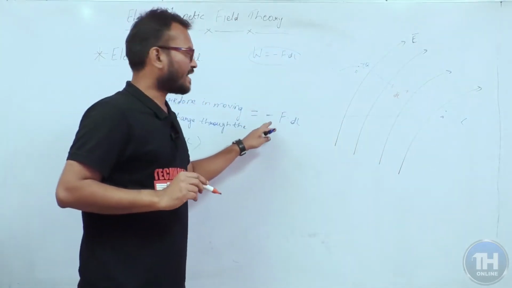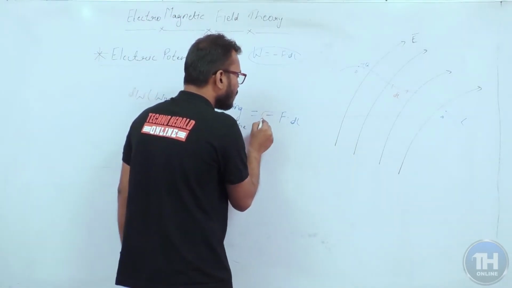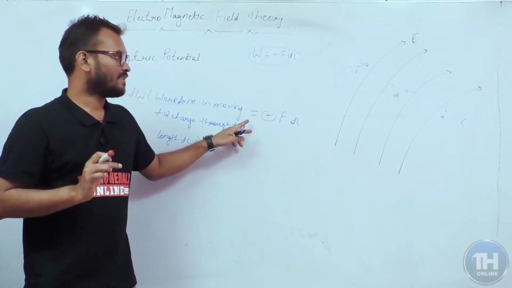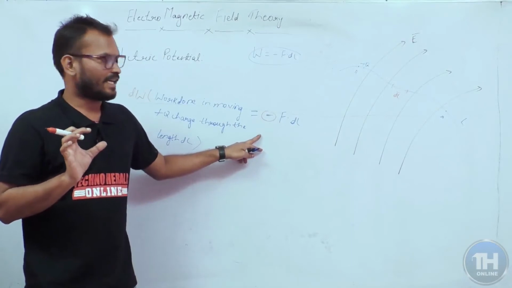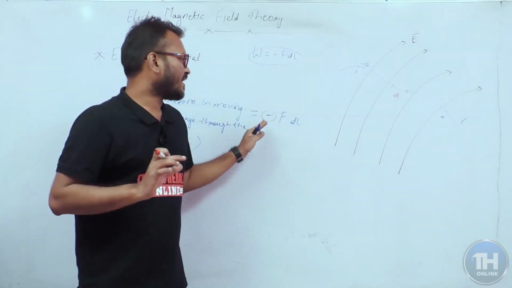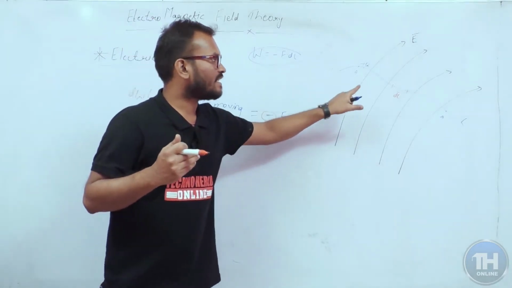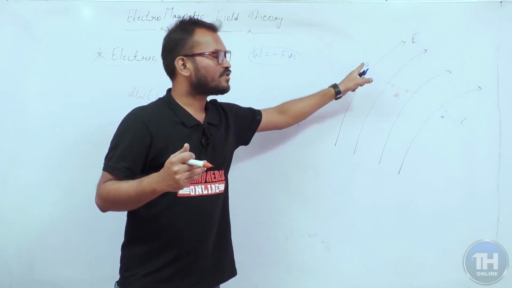That is minus F dot dl. And what is the significance of this minus? This minus indicates that this work is done by the external agent against the force acting on this plus Q charge.